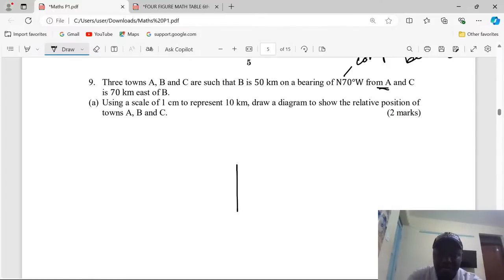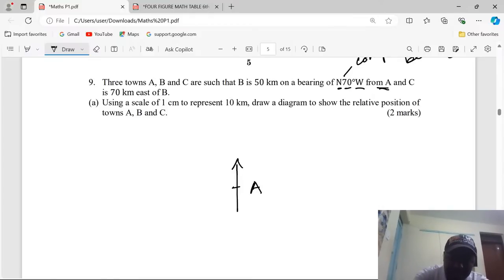Assuming that point A is here and this is our north, when we turn from north toward the west, it is usually to your left hand. So compass bearing means from north, 70 degrees towards west.